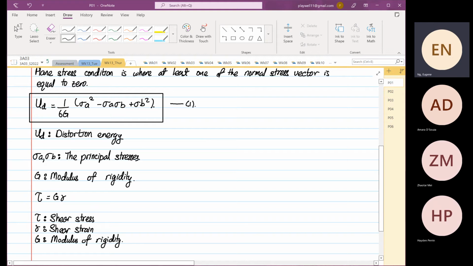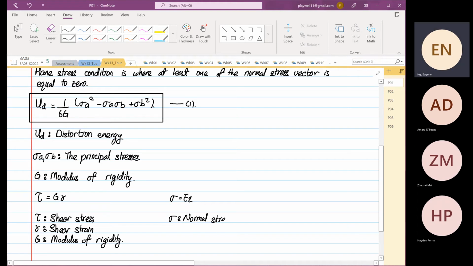So this formula looks very familiar because we have something for normal stress, right? If I write this expression, you go, oh, I've seen this before.